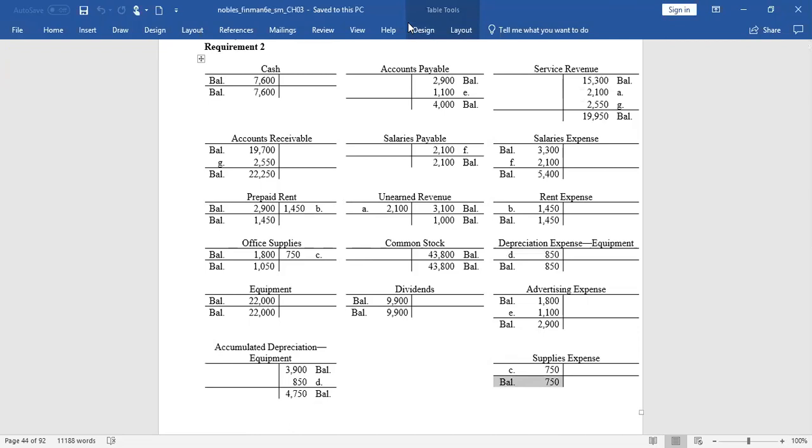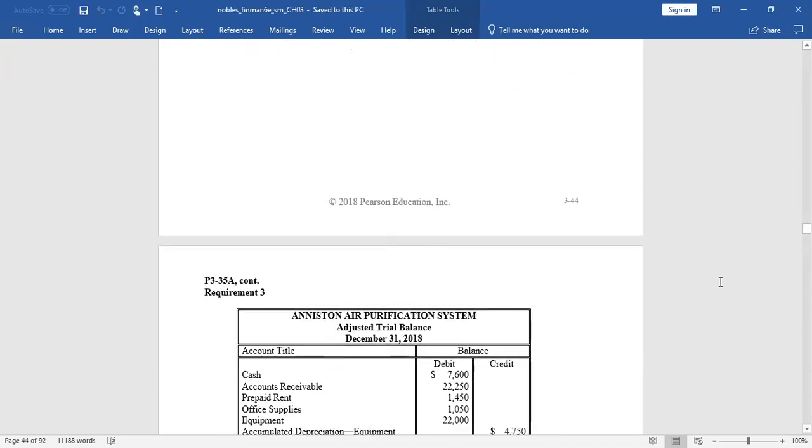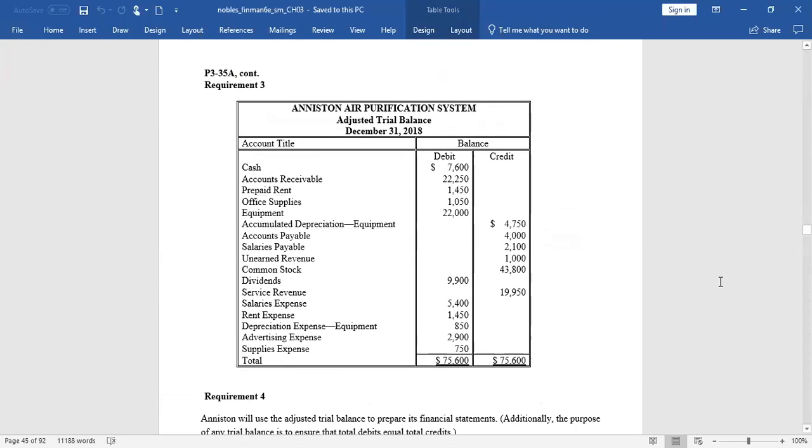All right. So then our next step, if you remember, and hopefully you have this done, is to now create our second trial balance, which is called the adjusted trial balance. So there's Aniston Air Purification Systems adjusted trial balance as of December 31st. A trial balance is a trial balance.